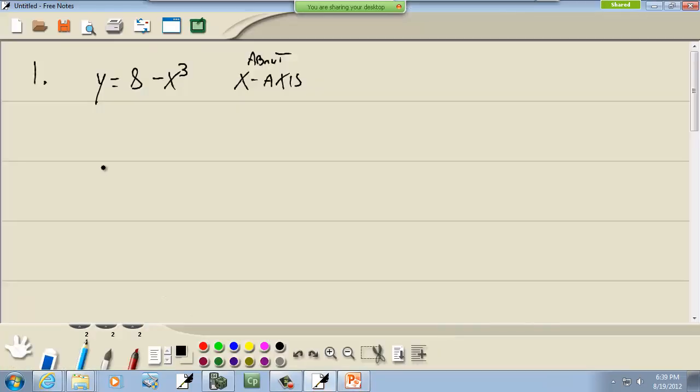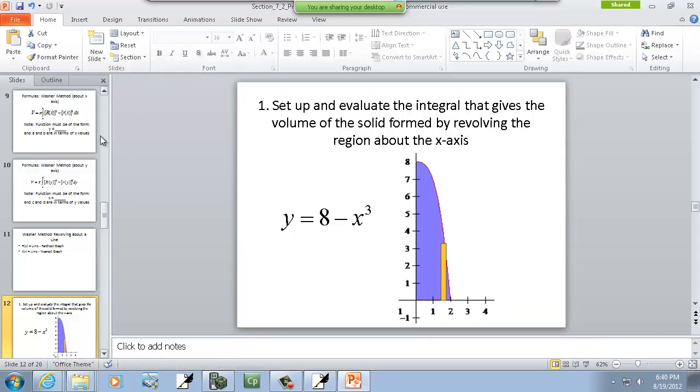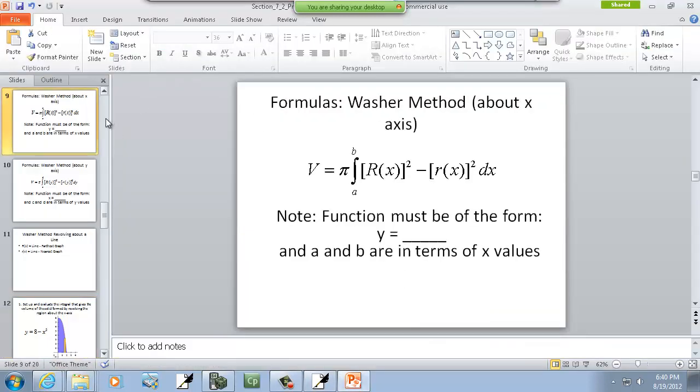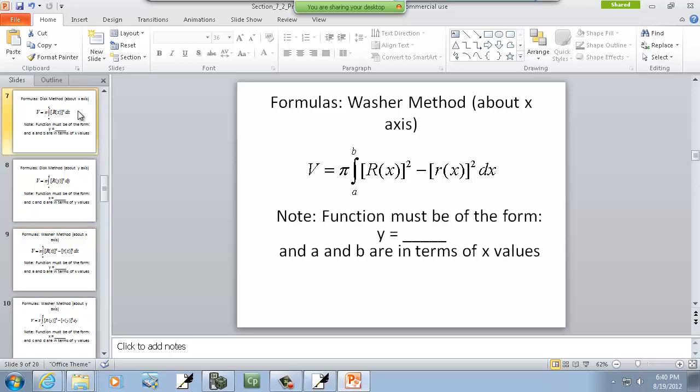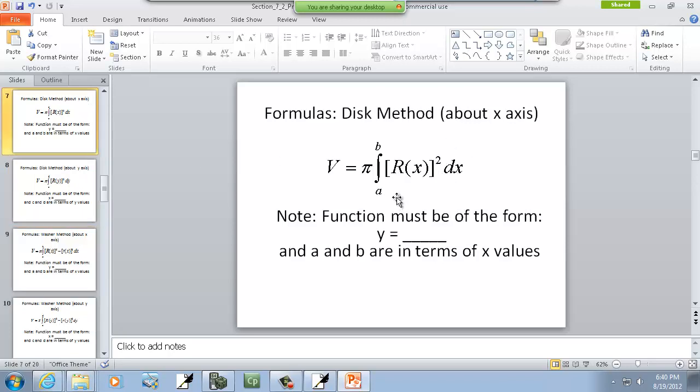So volume. I think it was pi out in front, integral from a to b of r of x squared dx. I'm going to go double check that. My memory is not what it should be. Okay. About the x-axis, a, b, r of x. Yep, that's correct.